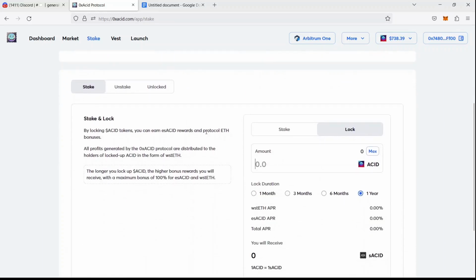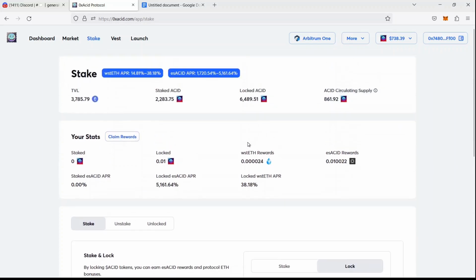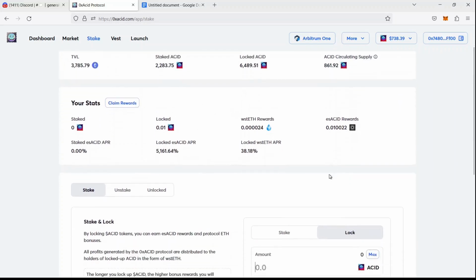Now, one thing you need to keep in mind is that the amount of rewards for locking acid is dependent on the duration of time that your tokens are locked for. Same thing applies for staking acid.